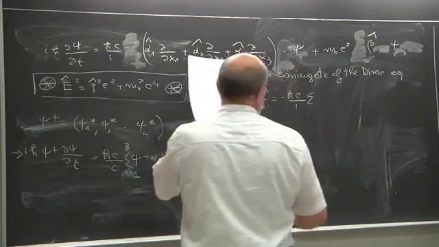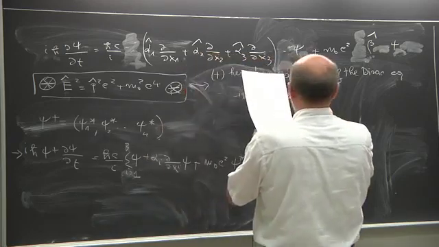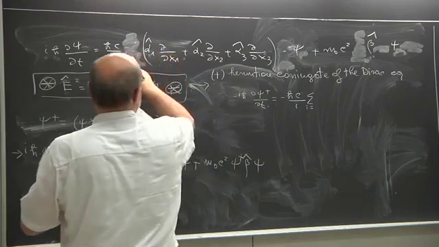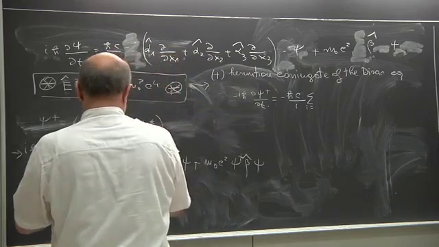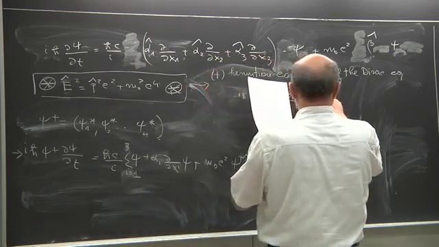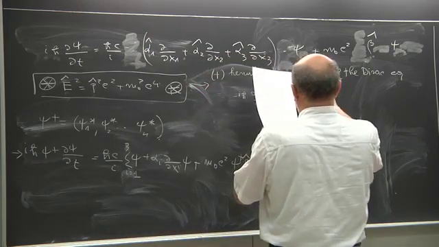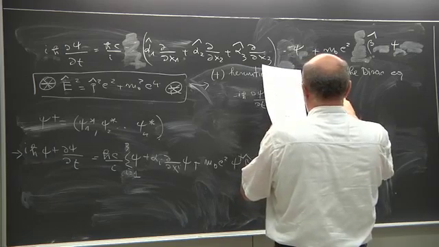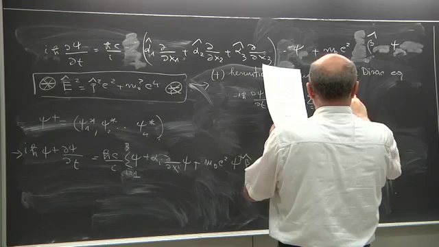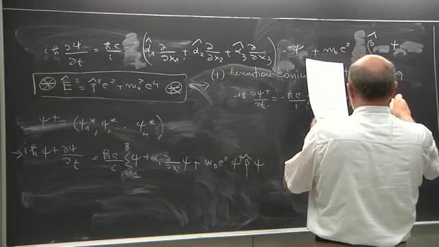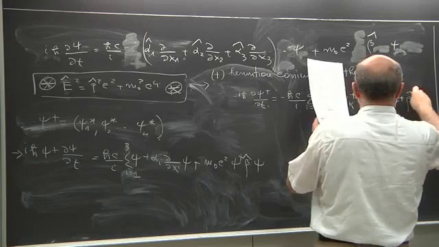Then remember the alpha are Hermitian, so here we have to put the sum over k from 1 to 3 of d psi dagger dx k alpha k dagger, plus m0 c squared psi dagger beta dagger.